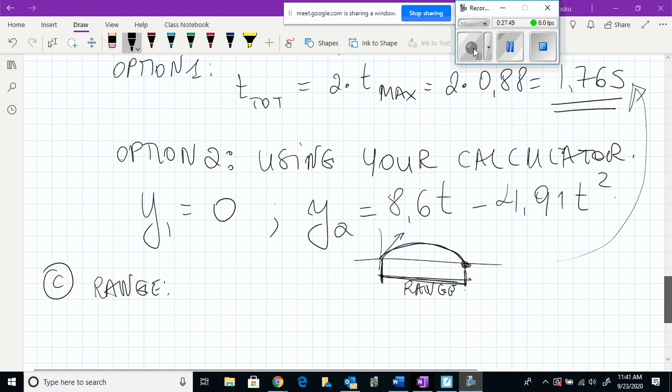On the answers, I see some 5s. That means you have to think, first of all, is this a velocity, a displacement, or an acceleration? Since I'm asking how far it is going, it is a displacement.